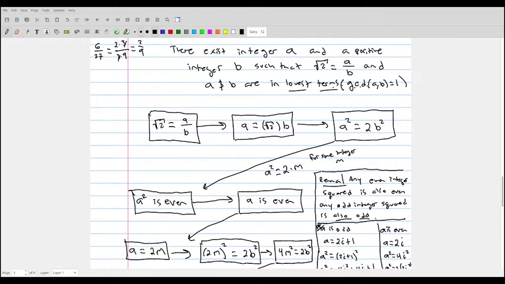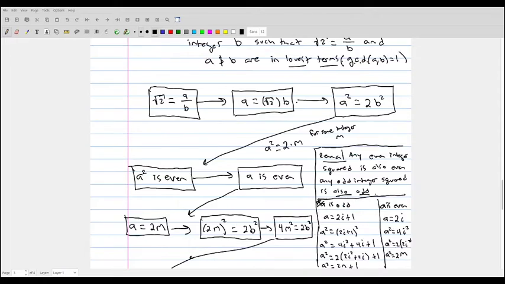We assumed initially that the square root of 2 is a rational number, and therefore it can be written as this ratio of a over b, where a is an integer, b is a positive integer, and this ratio is in lowest terms. So the greatest common divisor of these two values is 1. This a and b are chosen so that this is the case.